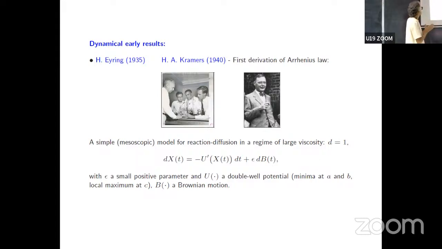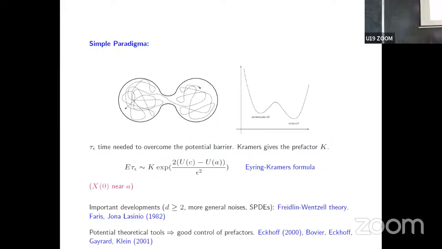In order to represent a situation where I have a change of two states, two phases, u is a double well potential. So there are two local minima of u. You think of a paradigm of this: this is our u, the potential, so the force is minus the derivative of this.